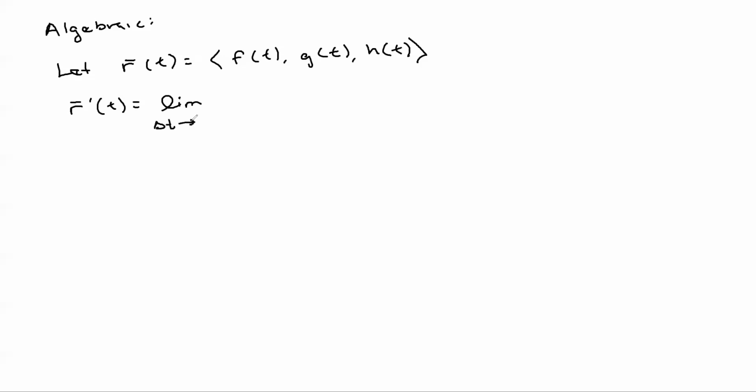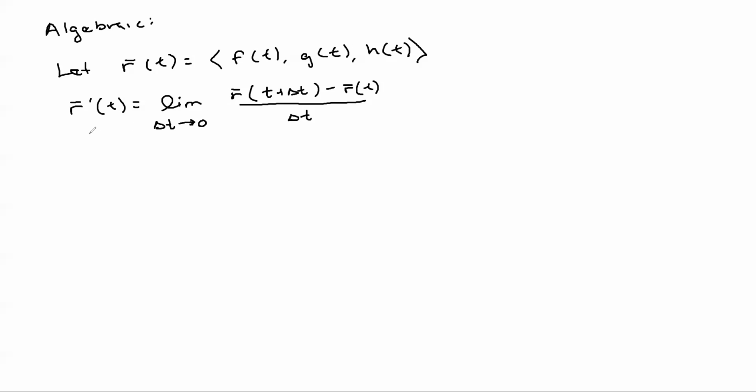So this is an alternate format that you sometimes see for calculating derivatives. Instead of using h, they'll use change in t. Okay, so this is our definition.